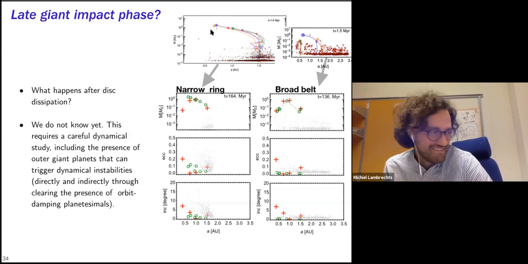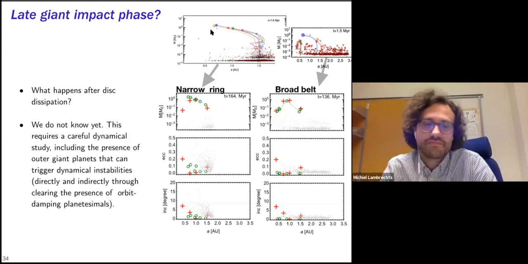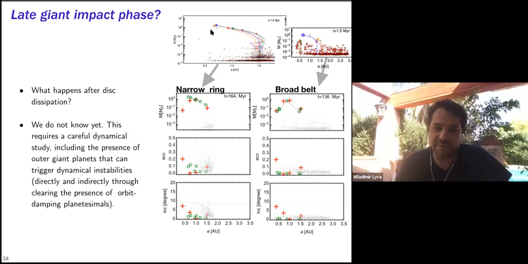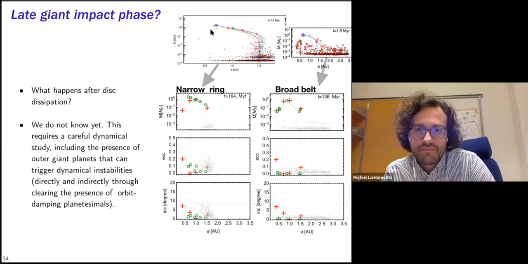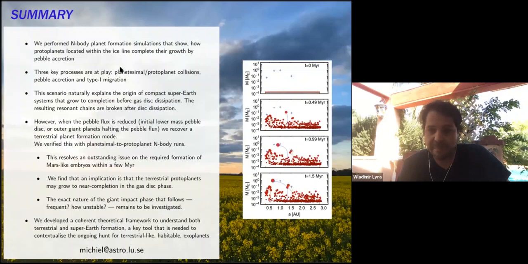Right, yeah. I was wondering, from your talk, it seems that everything depends on the pebble flux. And the pebble flux is a function of the pressure gradient, the disk mass, the star mass, all of the things that go into it.